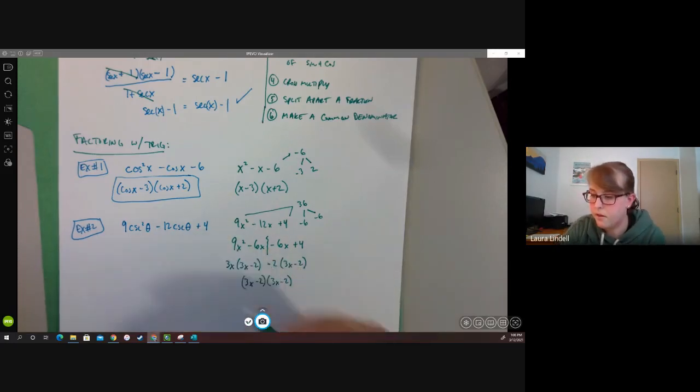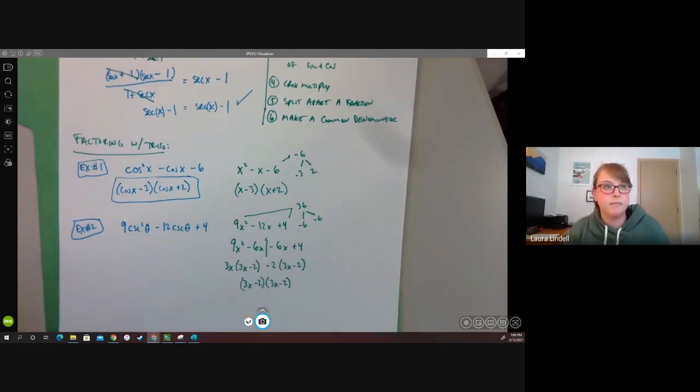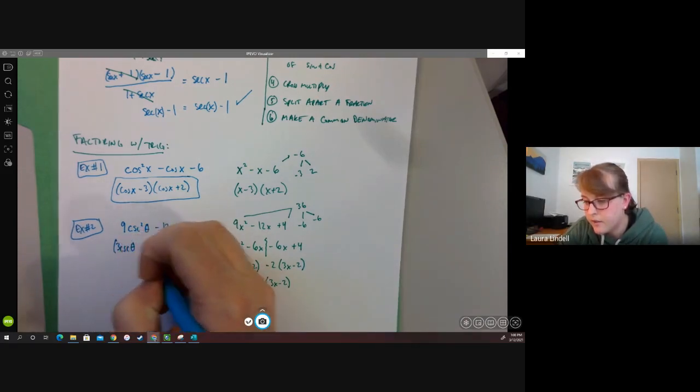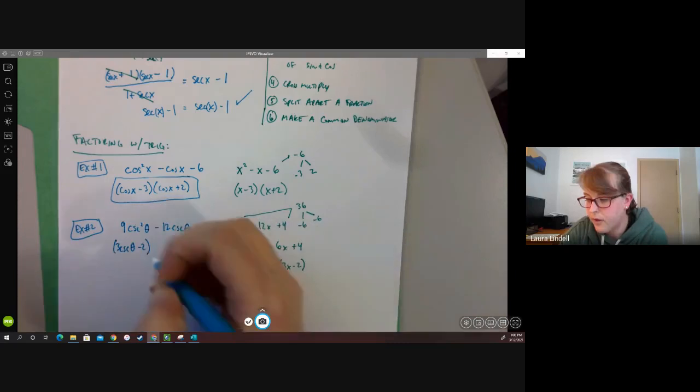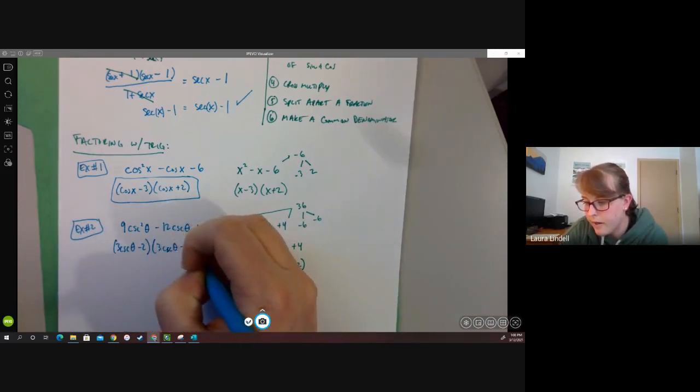So then, putting it over here, instead of x, we're going to replace it with cosecant. So we would get 3 cosecant minus 2 times 3 cosecant minus 2.